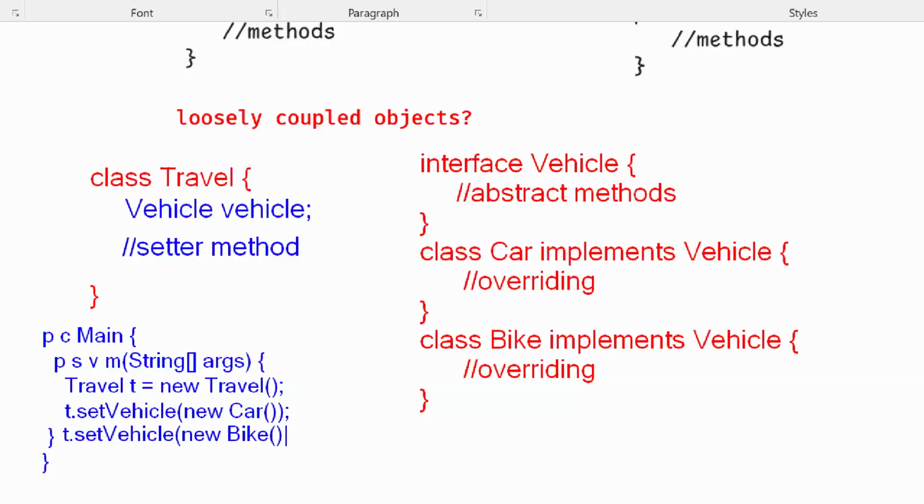Did you guys understand what I'm saying now? Now you tell me, the dependency object is changing from where to where? Car to bike without making any code changes. This is called what type of coupling between the objects? Loose coupling between objects. There you got what is tight coupling and what is loose coupling within a short span of time.